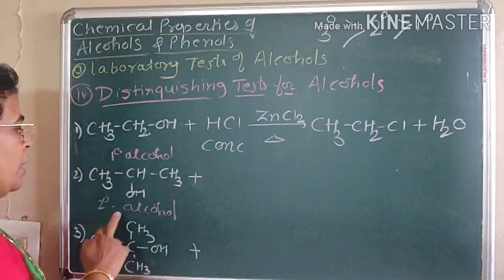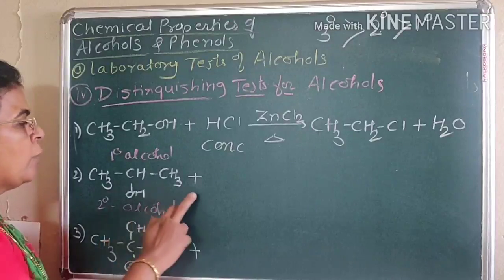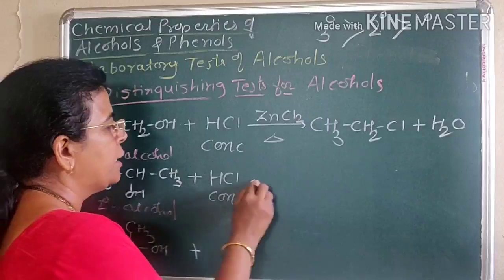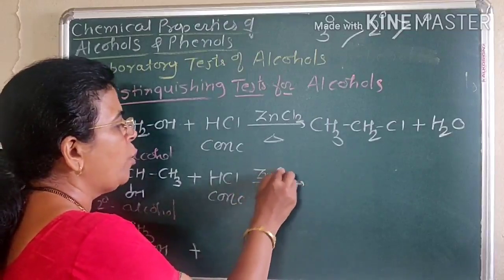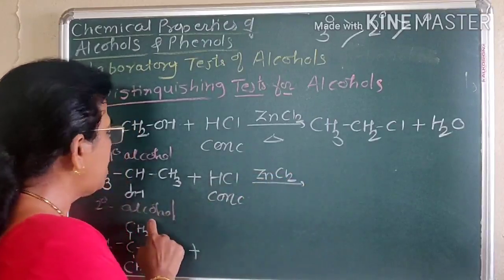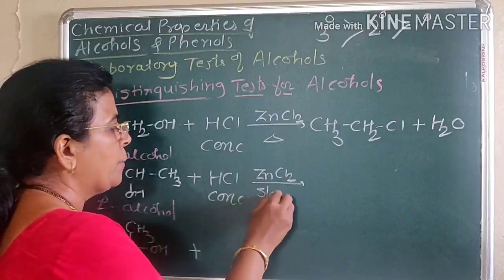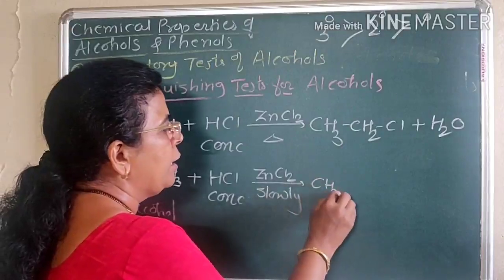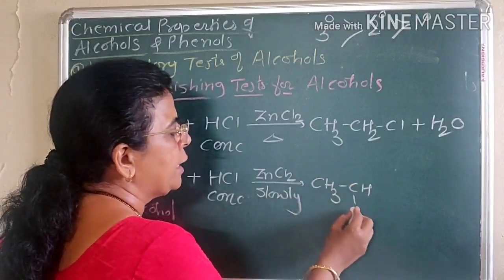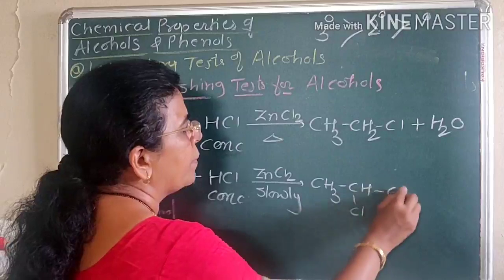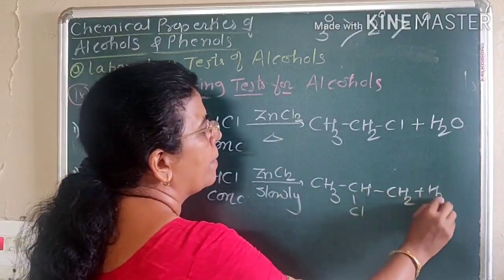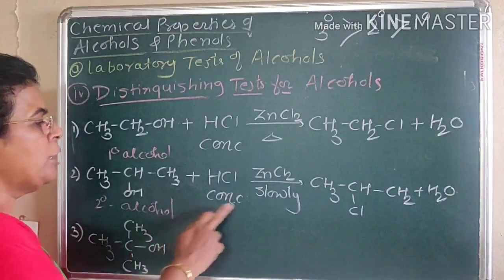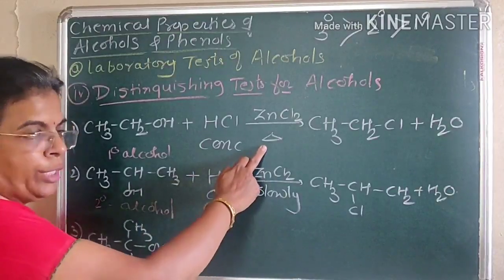If we carry out the reaction of secondary alcohol with Lucas reagent, that is concentrated HCl and ZnCl2, there is no need of heat, but this secondary alcohol is slowly converted into secondary alkyl chloride, that is secondary propyl chloride. This reaction is slow but there is no need of heat.